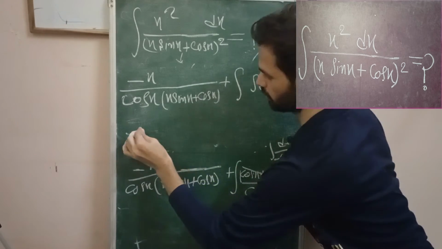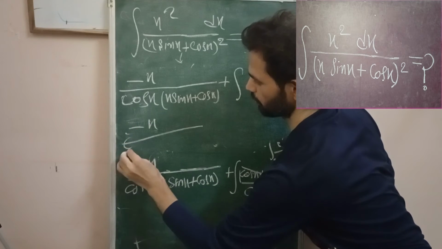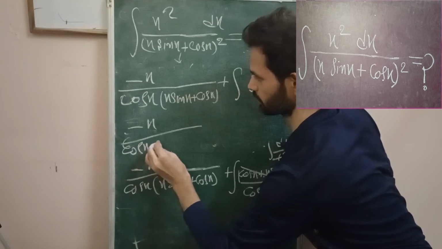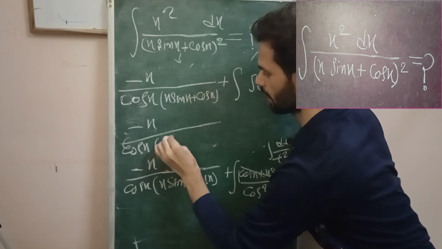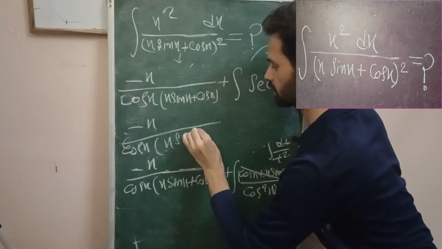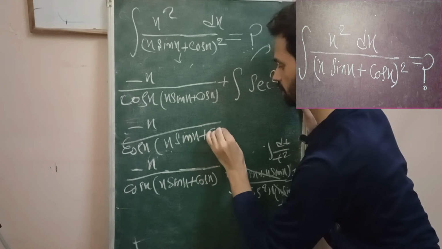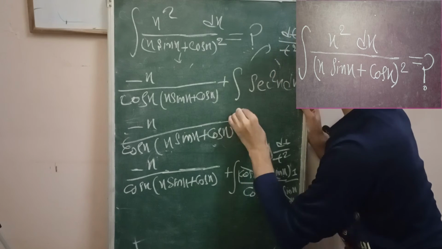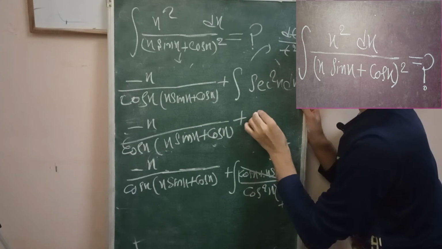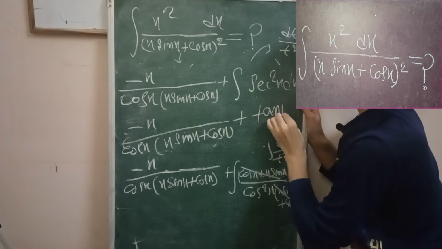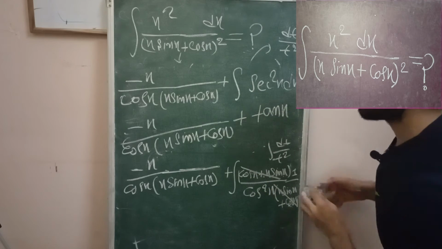So now minus x divided by cos x, x sin x plus cos x, plus sec square x, and the integration of sec square x is nothing but tan x.